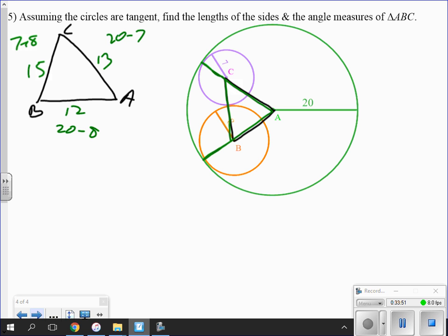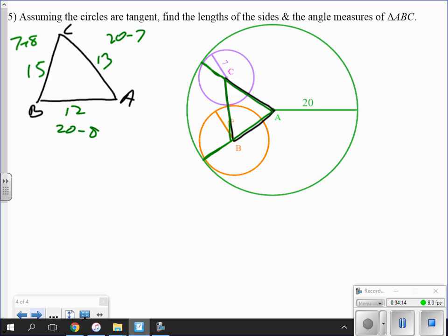With 3 sides, now I can start finding angles. I can't use the law of sines because I need an angle for the law of sines. I have to use the law of cosines. And once again, use the law of cosines to find the largest angle, which in this case would be which one?